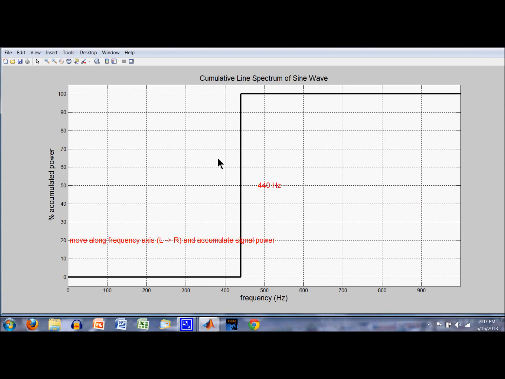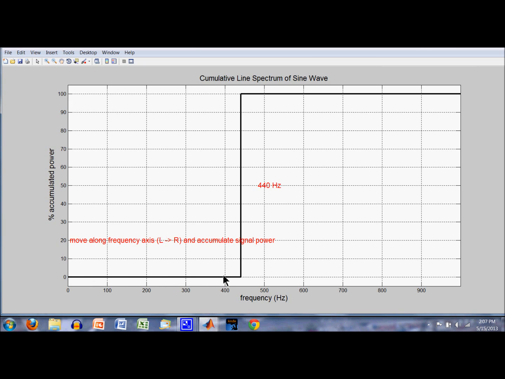Here's the cumulative line spectrum. We're plotting percent accumulated power on this axis, and the frequency on this axis, and we move along from left to right along the frequency axis, and as we go left to right we accumulate power.